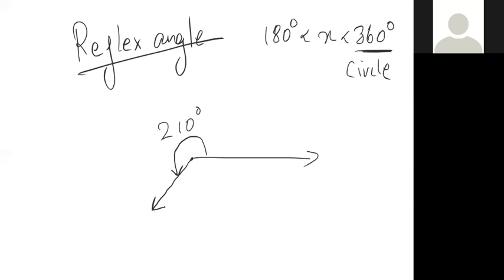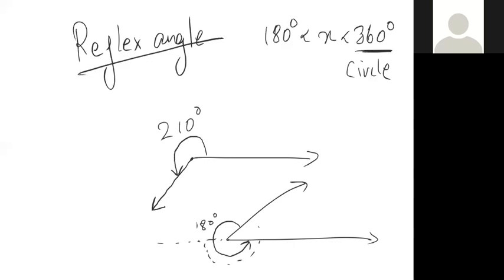Or another way to draw this would be like this, just a normal way. You think it's 60, but no, it depends on how you show the arrow. If I show it like this, that means it has taken more than a semicircle, more than 180 over here, and it has come all the way back to here, right? So that's why it's more than 180. Okay, and these are the types of angles.